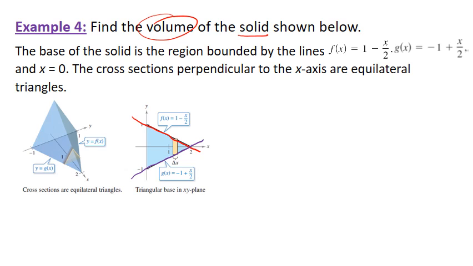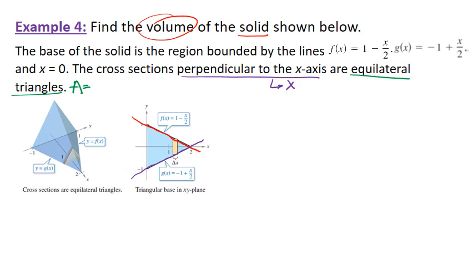Now, our cross sections are perpendicular to the x-axis, so that means everything is in terms of x. We are also told the shape of these. They are equilateral triangles. So I need to be able to find the area of an equilateral triangle. Some of these formulas, you might need to look up.